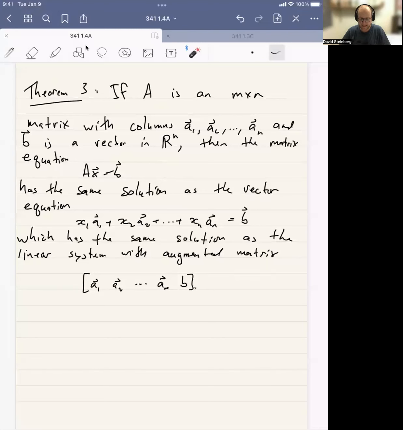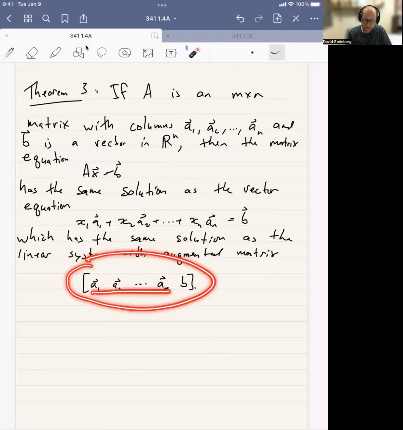And that has the same solution as the linear system with augmented matrix, where the first n columns are the columns of A, and that last augmented column is just your vector b.